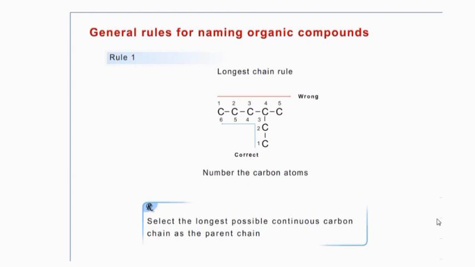Then only it will be correct. If you take the first method, you have 1, 2, 3, 4, 5, only 5 carbon atoms. If you take the second method, you have 6 carbon atoms. So 5 or 6, which is bigger? 6 is bigger. So you have to select the longest possible continuous carbon chain.